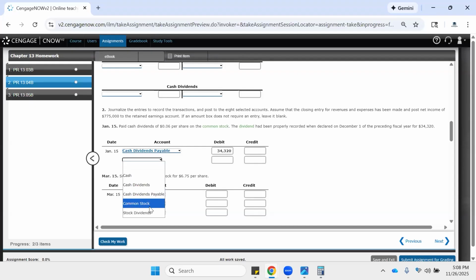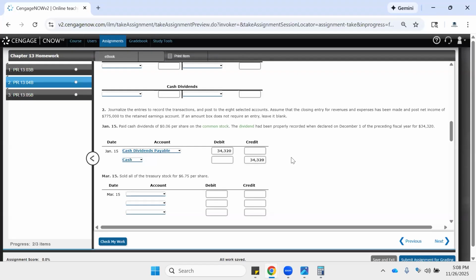Then there's the record date. Shareholders that own the stock on the record date get paid the dividend. Anyone that does not own the stock on the record date, for example, if they sell it before the record date or buy it after the record date, which is called the ex-dividend date, they don't get the dividend.